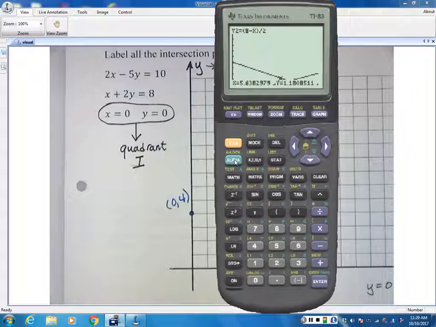It's not letting me graph them. Oh, you used a subtraction, that's the negative.